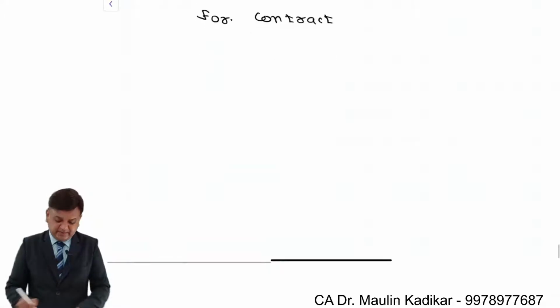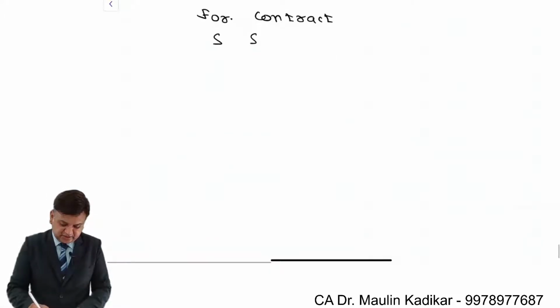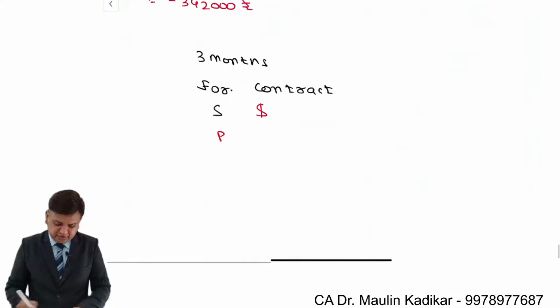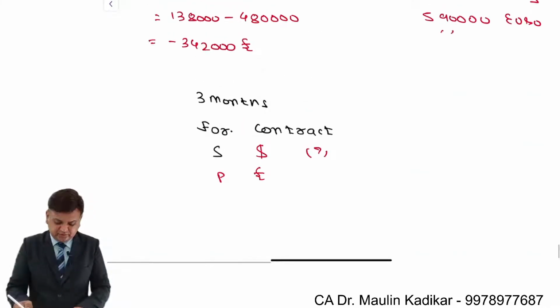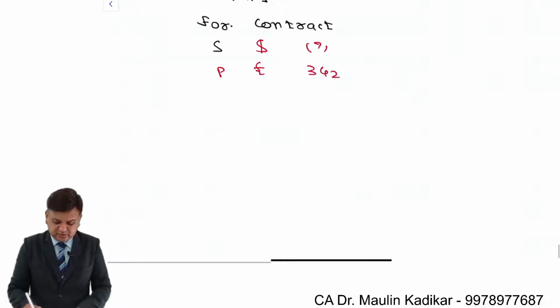The forward contract will be entered for the sale of dollars and purchase of UK pounds. This is the amount of dollars to be sold for purchasing 3,42,000 pounds.